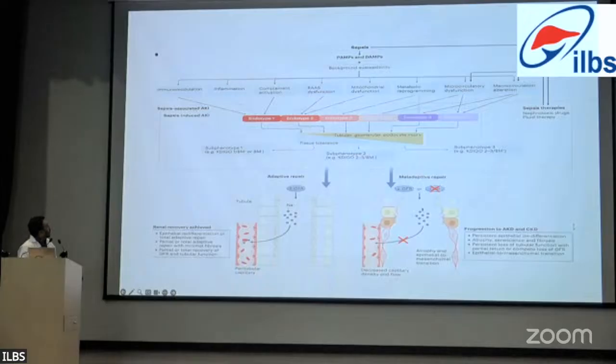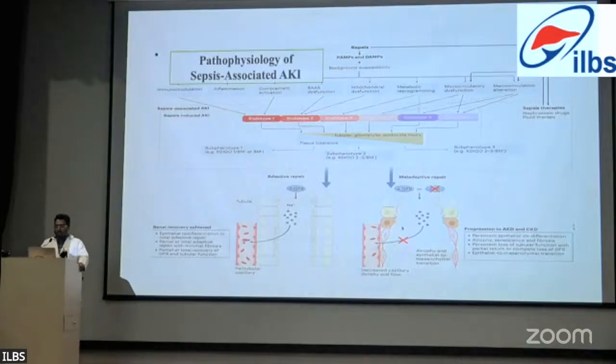Further, there is a maladaptive function seen in patients of sepsis-associated AKI, associated with a decrease in GFR, and further a reduction in urinary volume and increase in serum creatinine, along with AKI in these patients.